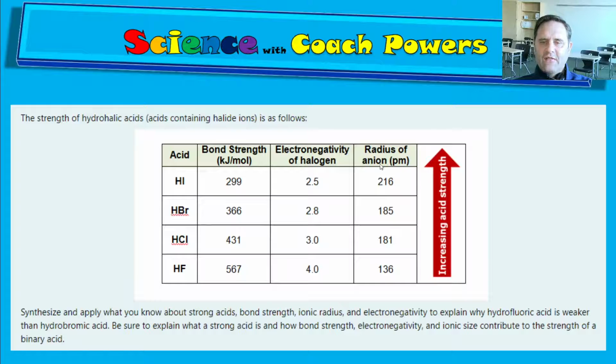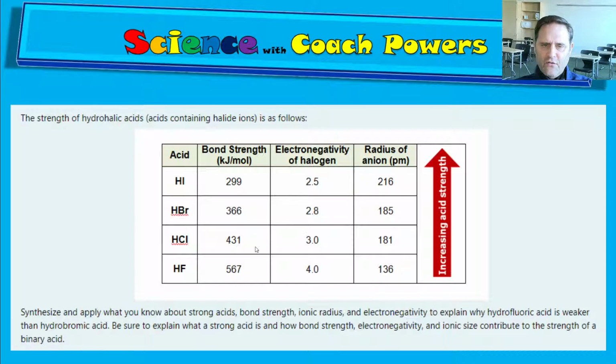So the radius of an anion, and the anion is the negative ion, which is the one on the right, chloride for example, and then the radius gets smaller. We have these: synthesize and apply what you know about strong acids, bond strength, ionic radius, and electronegativity to explain why hydrofluoric acid is weaker than hydrobromic.